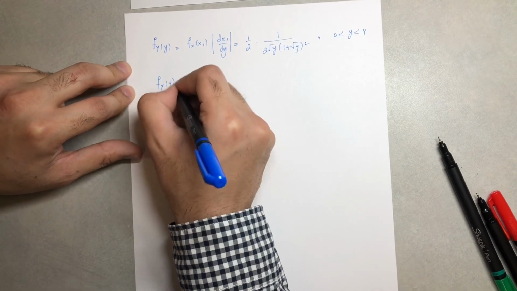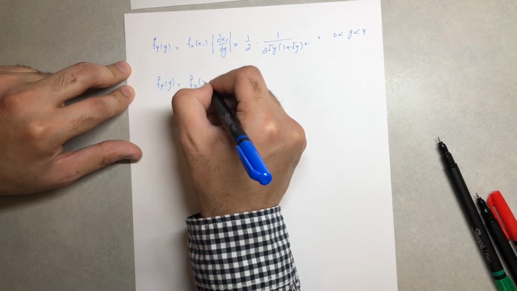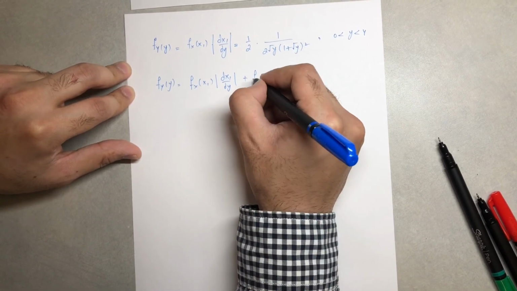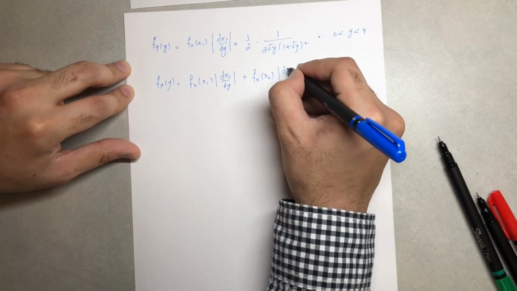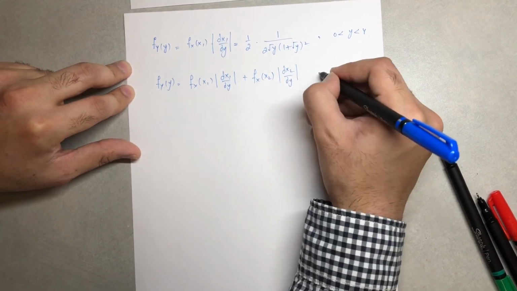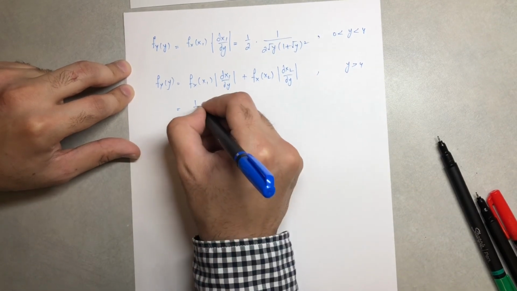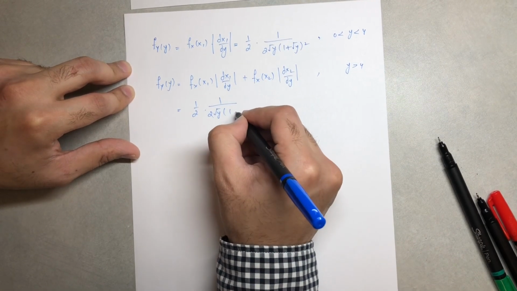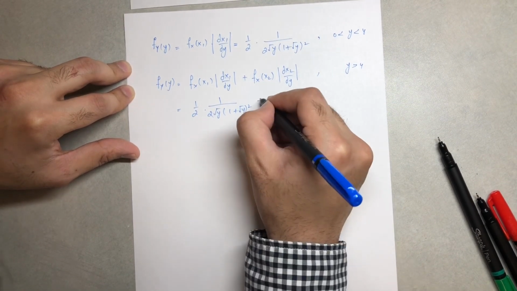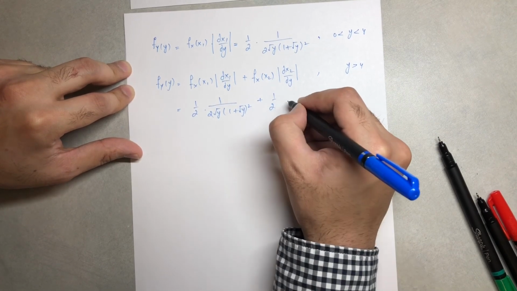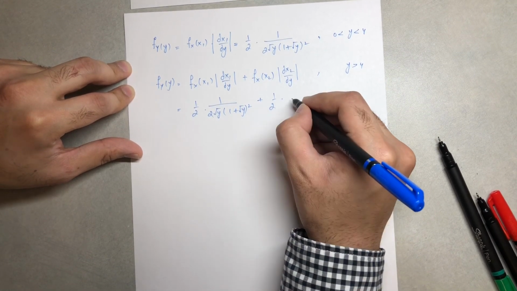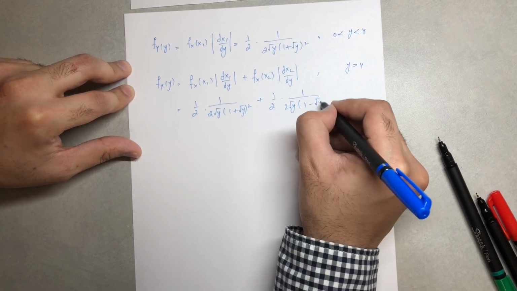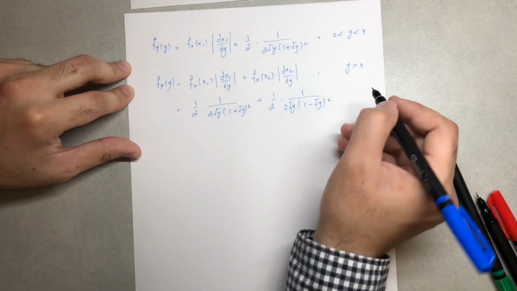And fy of y was fx of x1 times dx1 over dy plus fx of x2 times dx2 over dy for y bigger than 4, which was 1/2 again, 1 over 2 square root of y, 1 plus square root of y whole squared, plus 1/2 times 1 over 2 square root of y, 1 minus square root of y whole squared.